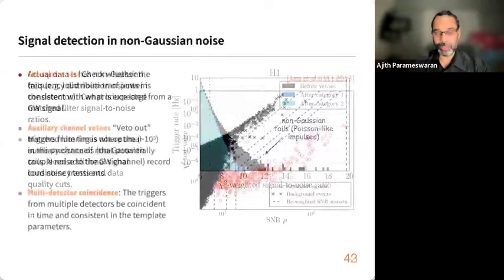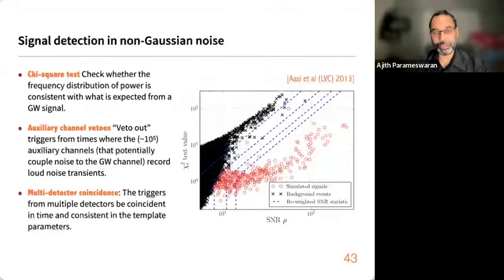And there are multiple things that one has to do. One, a popular technique, is the so-called chi-square test, where you're not only looking at the inner product of the data and template, but also looking at the integrand of the inner product, how the contribution to the inner product is changing as a function of the frequency.